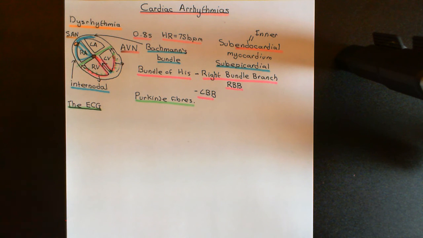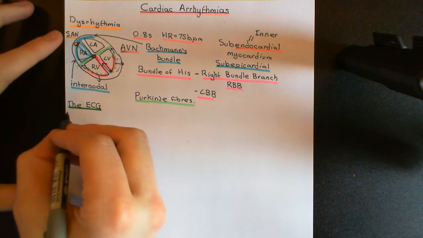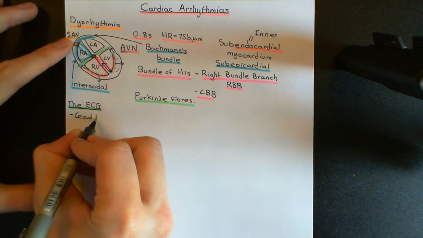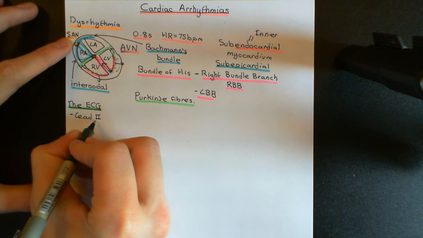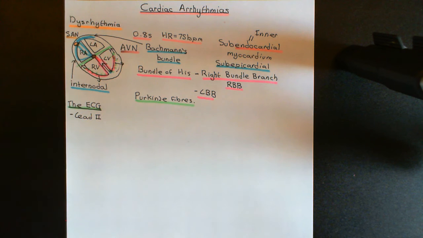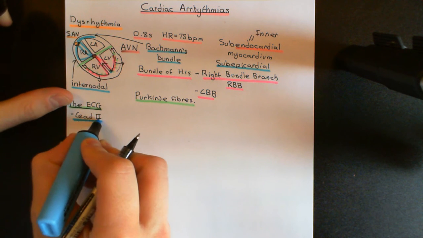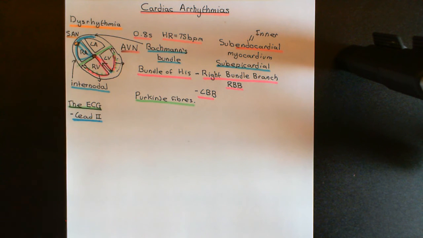However, for the purposes of this entire video we'll just talk about the classical one, and the classical one on the 12-lead ECG is lead 2. So lead 2 of the 12 leads of the ECG is the one that looks like the classical ECG that everyone's used to seeing. Okay, right.